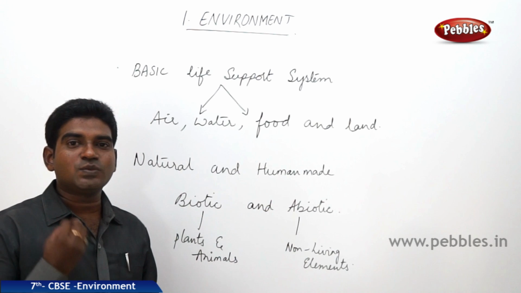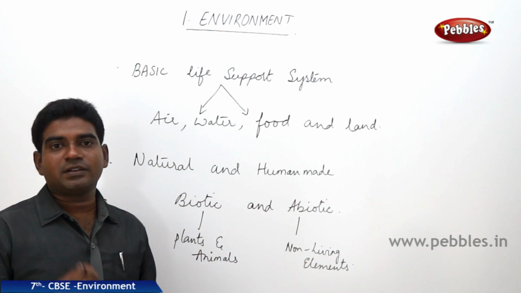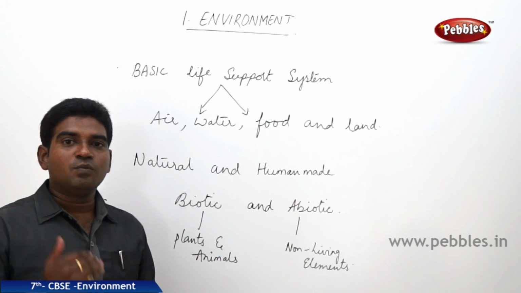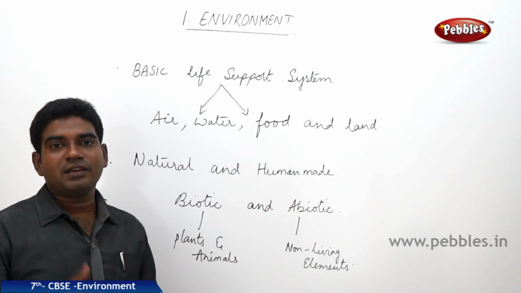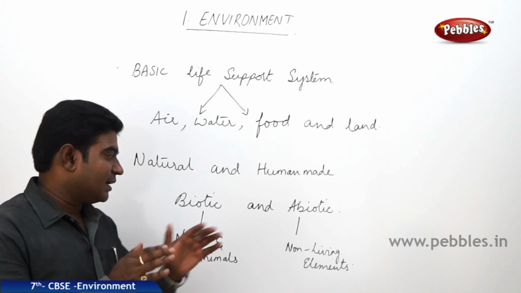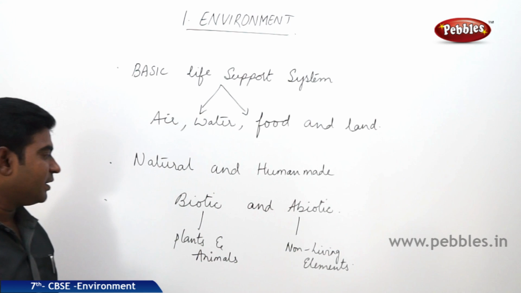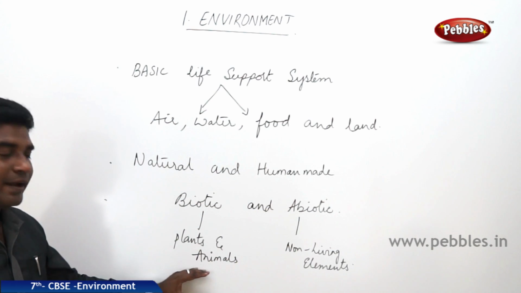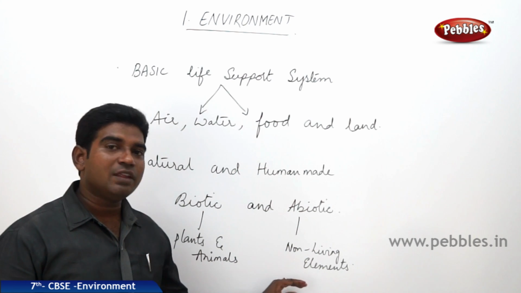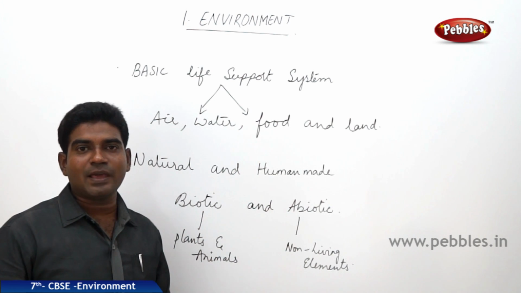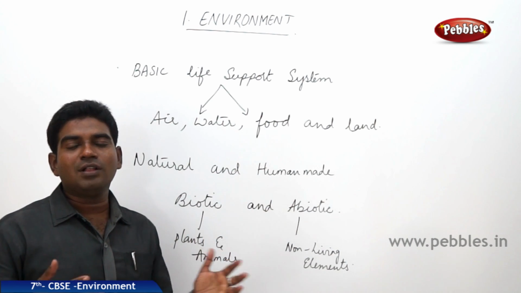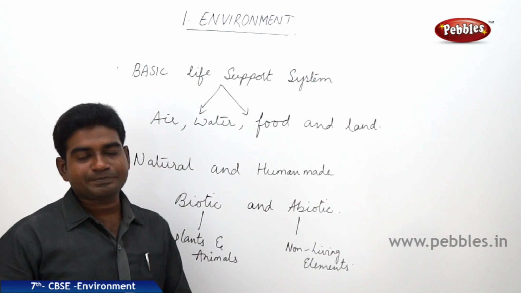All the things which have life on this planet come under the biotic category. All the things which do not have life come under abiotic. The examples for biotic are plants and animals. When it comes to the abiotic, we have the non-living elements, all which are available on this planet. It can be land, it can be rocks, all these things come under abiotic.